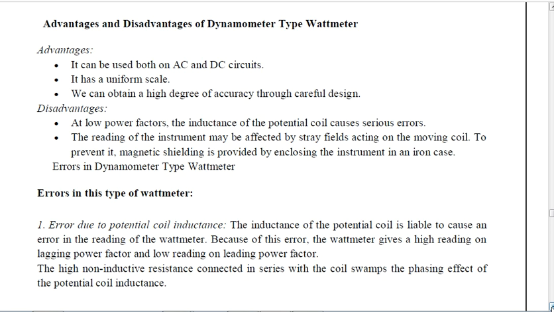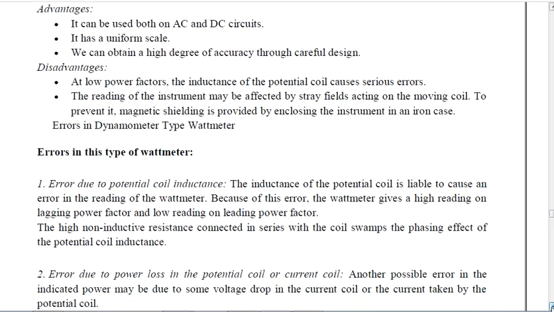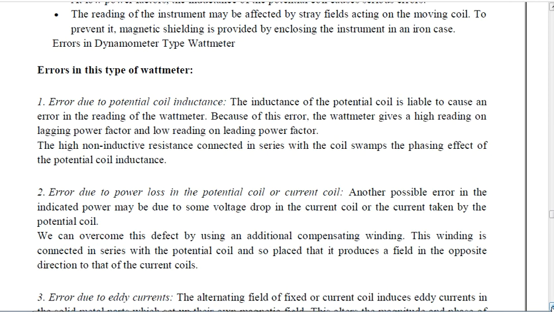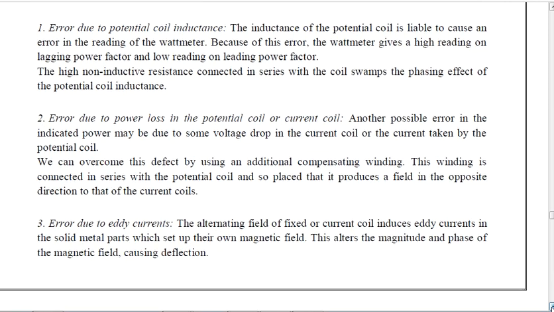Errors in dynamometer type wattmeters. Now we will cover the errors in this type of instrument. Error occurs due to potential coil inductance.